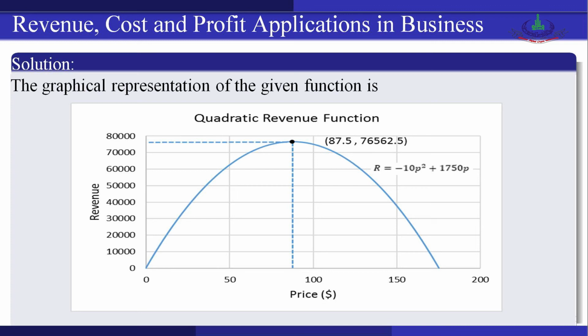And when the price exceeds this value, you can see the graph going downward. Similarly, if you see the price before 87.5, the graph is also going downward. So our conclusion is the maximum revenue will be at the point 87.5.